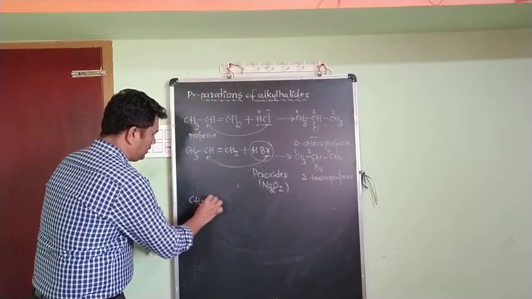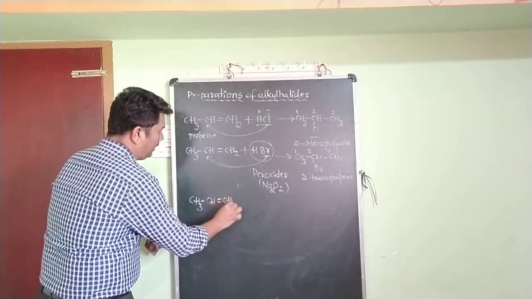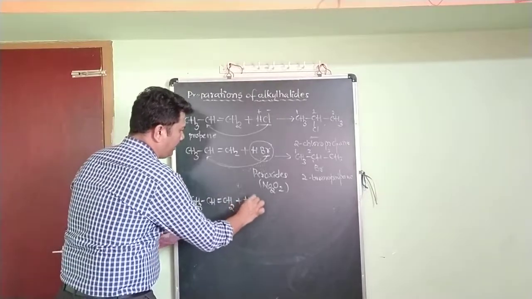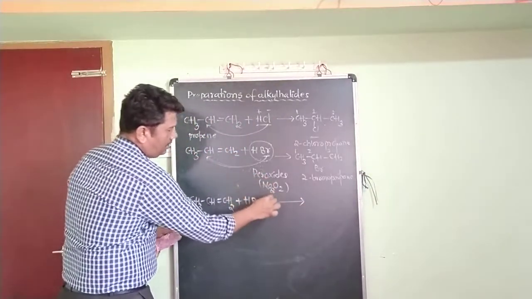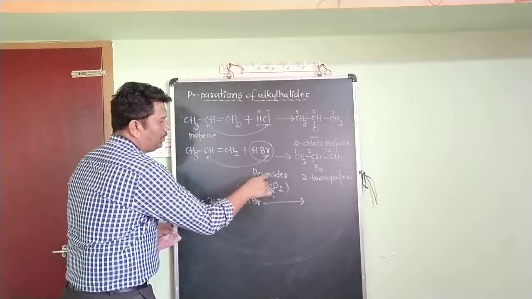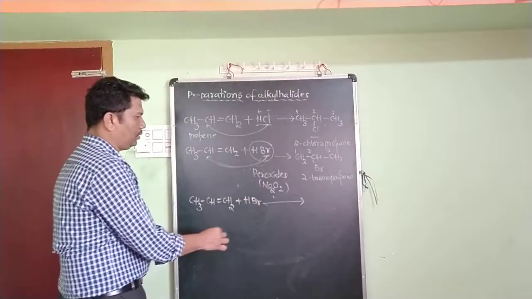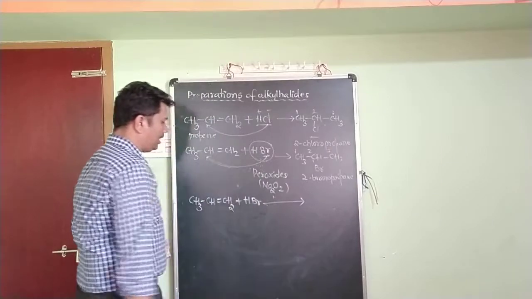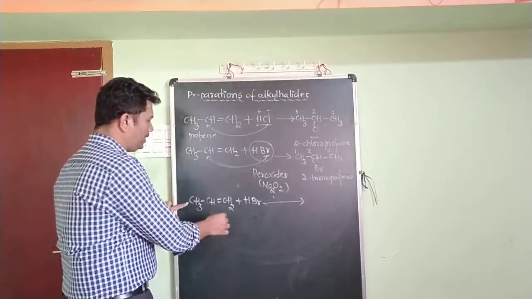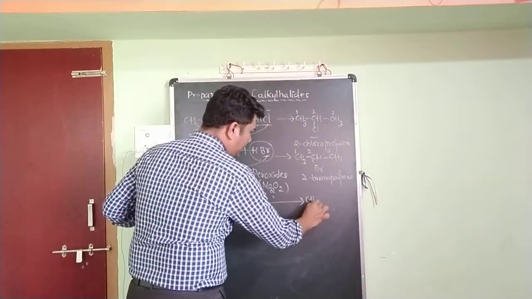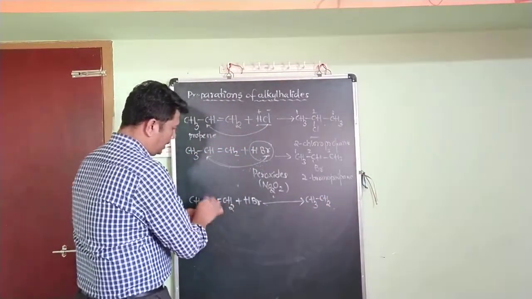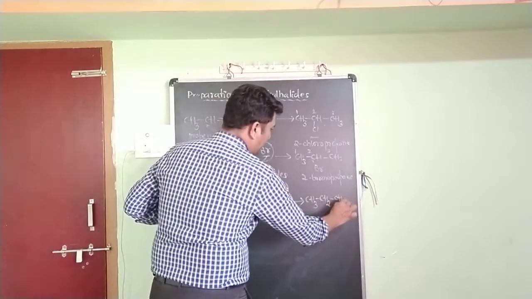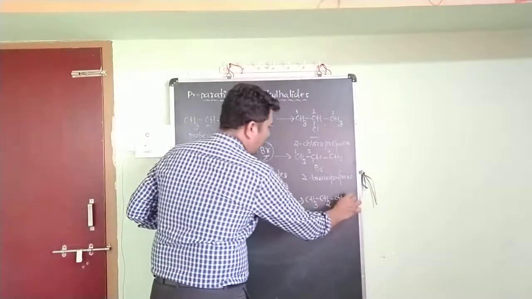CH3 CH double bond CH2 plus HBr in presence of peroxide like Na2O2 follows anti-Markovnikov's rule. Anti-Markovnikov's rule means it will become CH3 CH2, here it is CH2, then again CH2 Br.